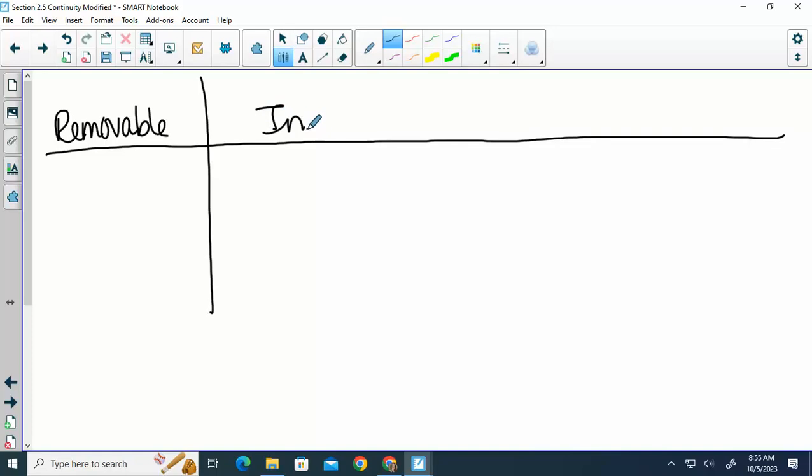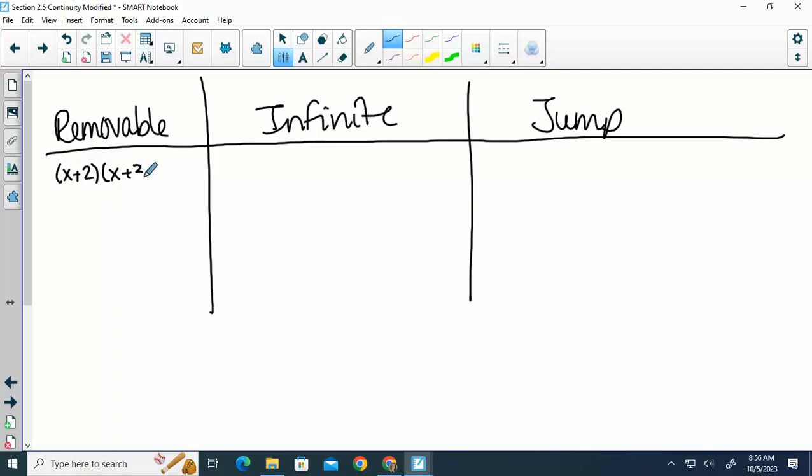Removable, infinite, and jump. Okay, those are easy to identify when you're looking at a graph, but possibly a little bit harder when you're looking at the equation. So a removable is when you have something like this.